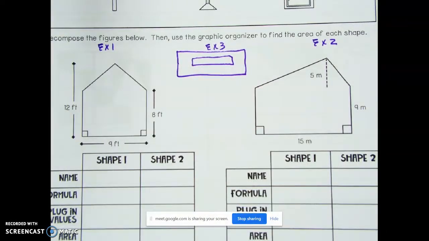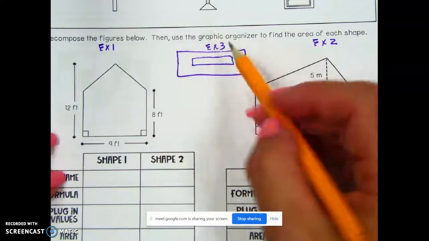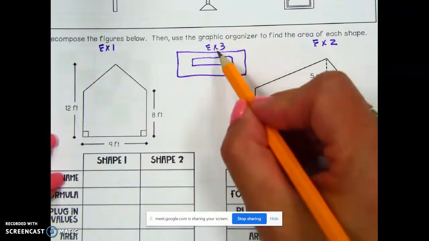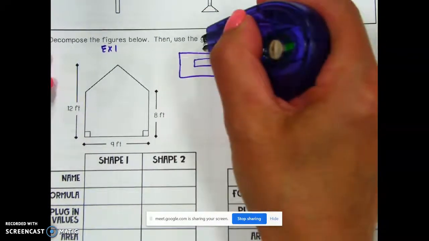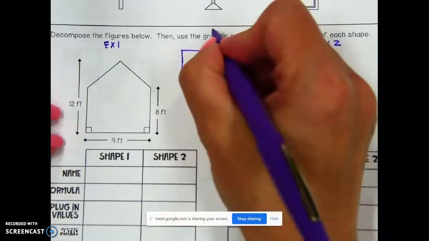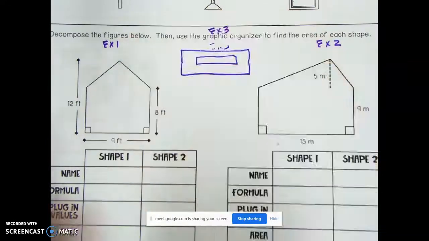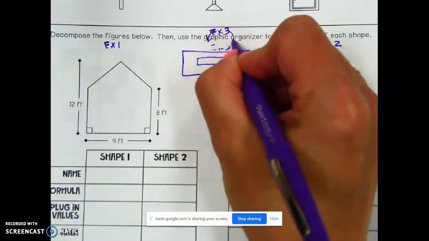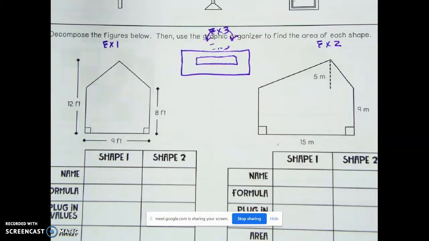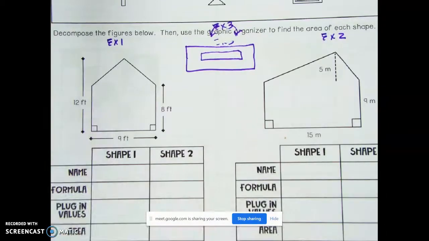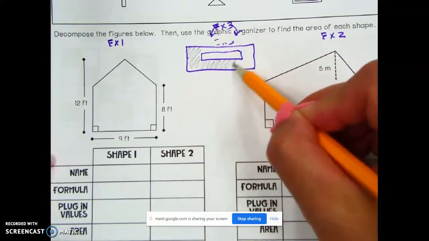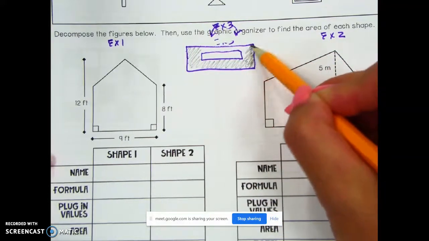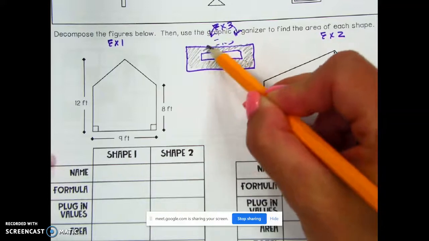I'm going to say example 3, and I'll draw an arrow so that I know. And I'm going to just shade in this outside area. Inside one square, but outside the other.